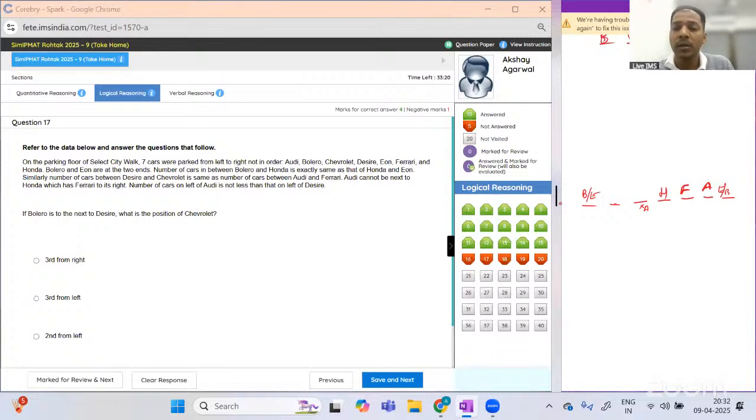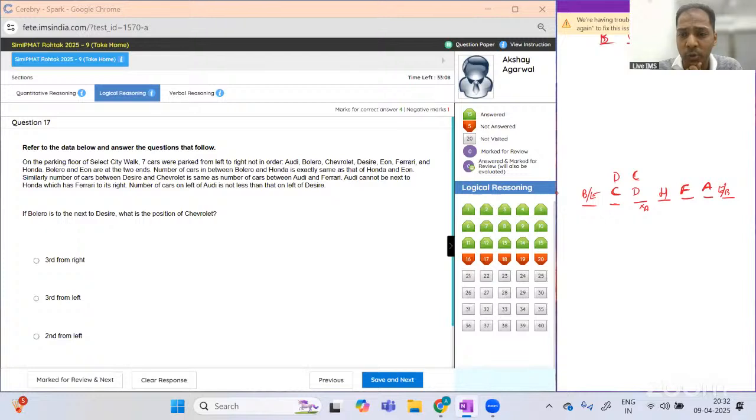Ferrari and Audi. The remaining two cars were Chevrolet and Desire. Chevrolet and Desire would be this or this, or Desire and Chevrolet. If Bolero is next to Desire, then in that case, B, D, C, H, F, A, E would be the arrangement.